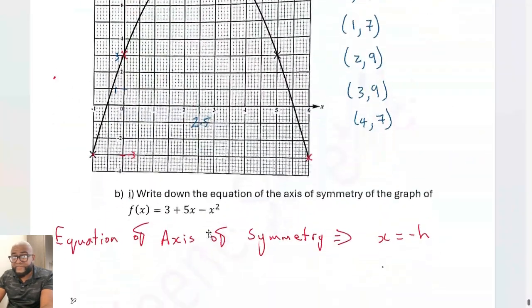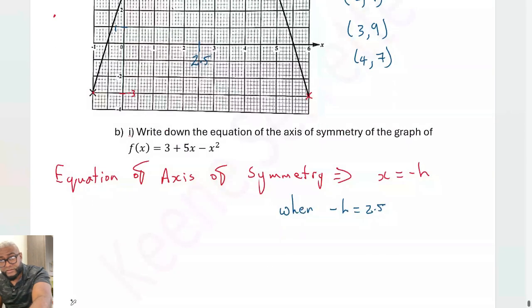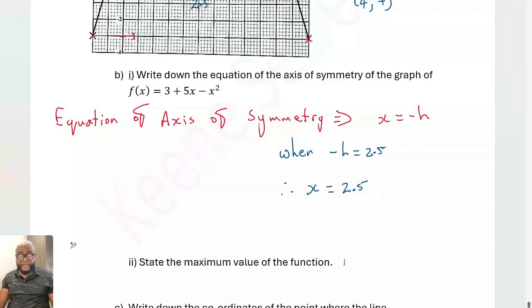So negative h is actually equal to 2.5. Therefore, x is equal to 2.5 because the value of negative h is already 2.5, right? Okay? So this here will be the equation of my axis of symmetry, x equals 2.5.